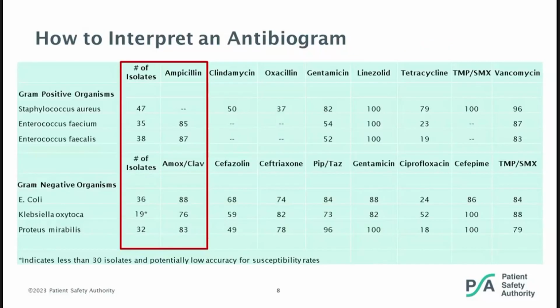So how do we interpret an antibiogram? This is just a very small antibiogram with a select number of organisms. You typically see your gram-positive organisms, a lengthy list, and then also that long list of gram-negative organisms, and some organizations will also provide your fungal organisms and resistance patterns for those organisms.